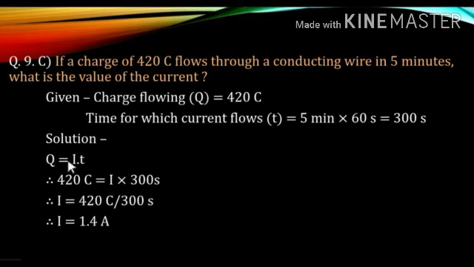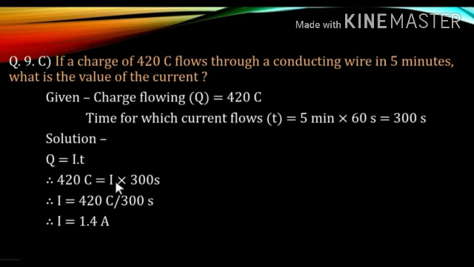Now solution will be charge is equal to current into time. Therefore Q is equal to I into T. Now putting the values in the equation, we will get 420 coulomb is equal to I, which is unknown and to be calculated, and T is known, that is 300 seconds.